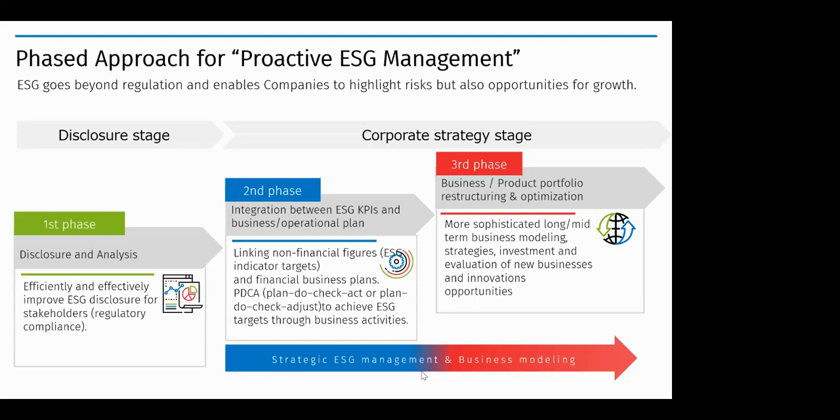And that's where phase 2 comes in, where you start linking your ESG information to your financial business plans and seeing what you can do. So for example, you might decide, okay, we want to put some solar panels up or put a battery on, and how's that going to impact our profit and loss from a capital expenditure?